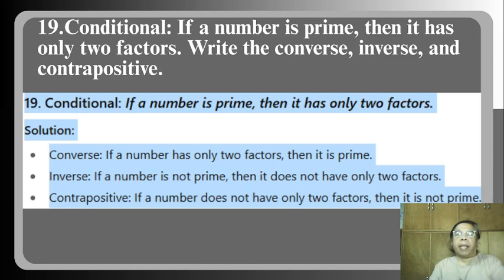Inverse: if a number is not prime, then it does not have only two factors. The contrapositive then is: if a number does not have only two factors, then it is not prime.